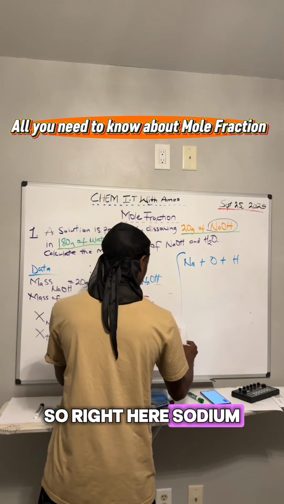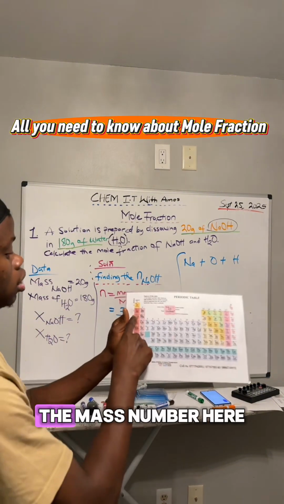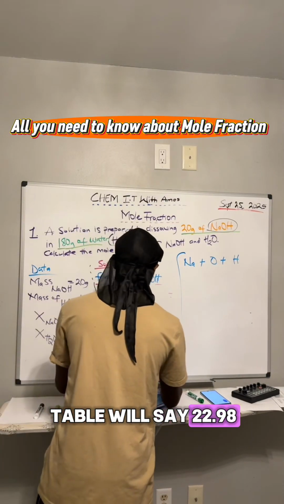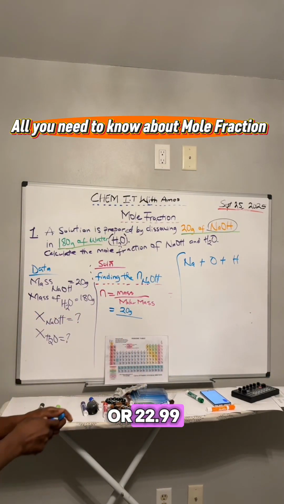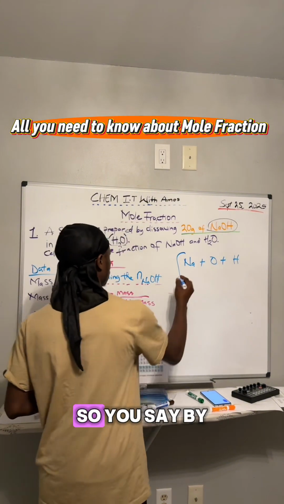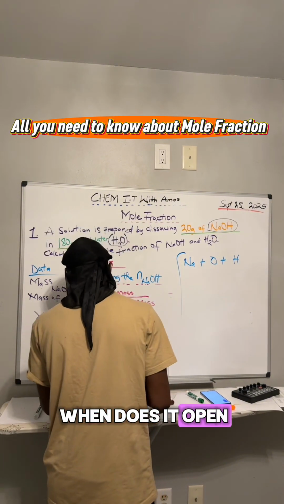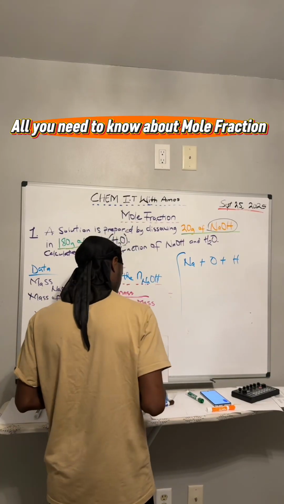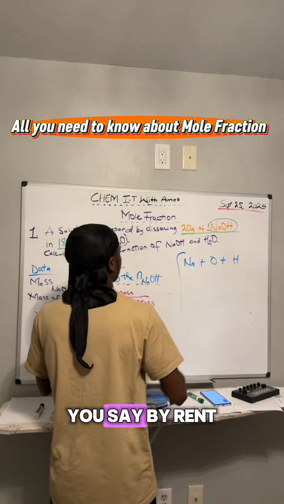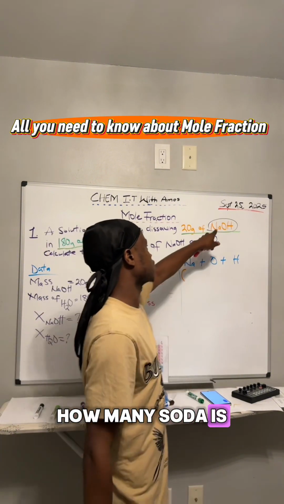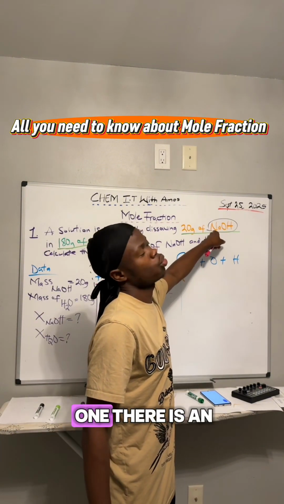So right here, sodium is in group 1. The mass number here is 23, or some tables will say 22.98 or 22.99. If that is rounded up, it becomes 23. So you say parenthesis open, how many sodium is placed here? There is just 1.